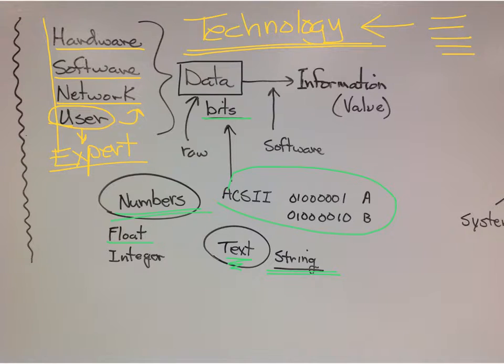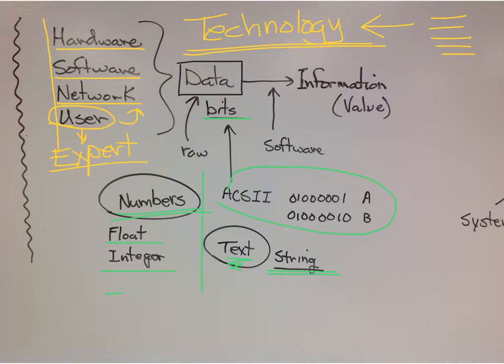We talked about float, which would be a number with a decimal point, or an integer, a number that's like a whole number, positives, negatives, and zeros. And these are represented differently in the computer. It's important to understand that.